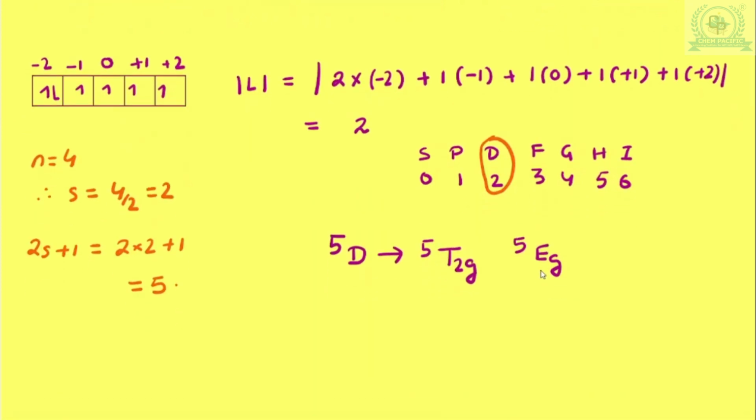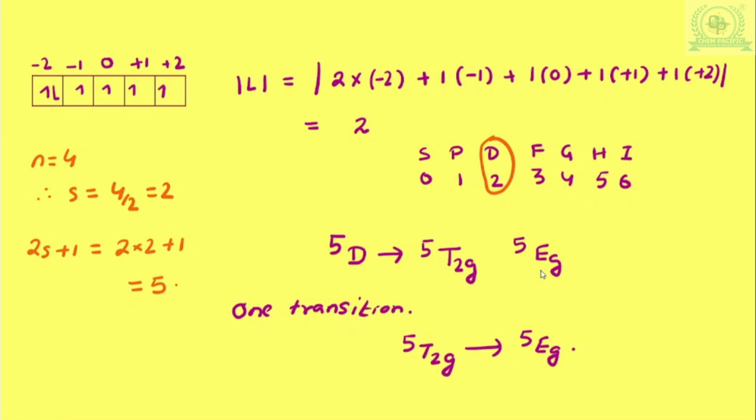Therefore the number of transitions is only one, and it will take place from the ground state 5T2g to the excited 5Eg. The transition is 1 in the case of the high spin d6.